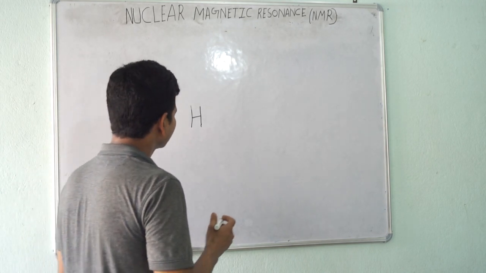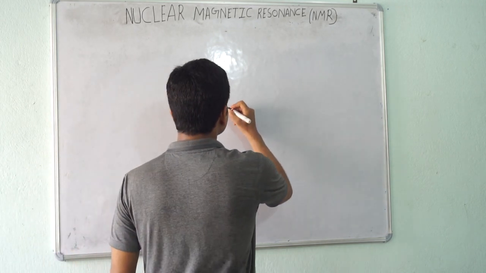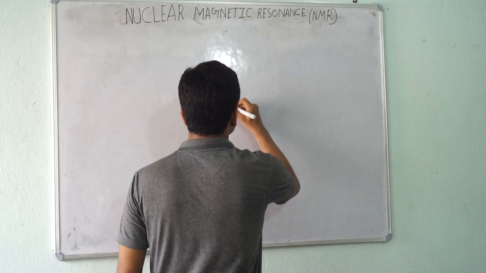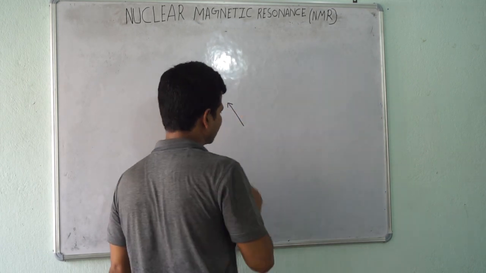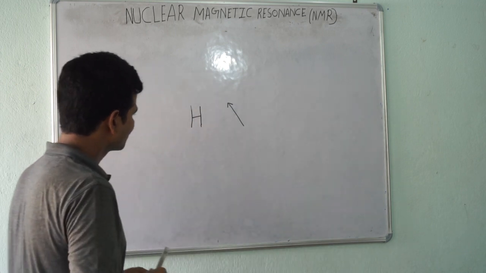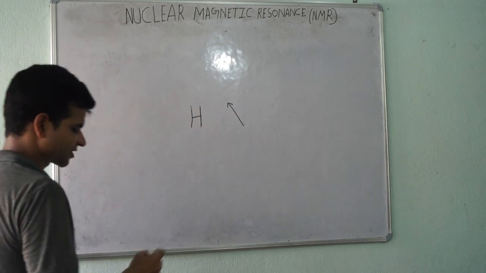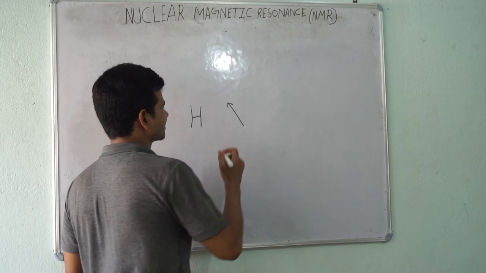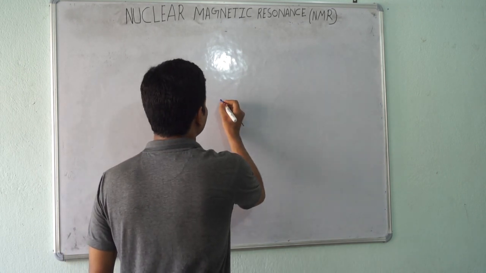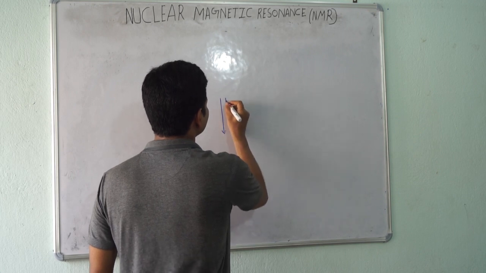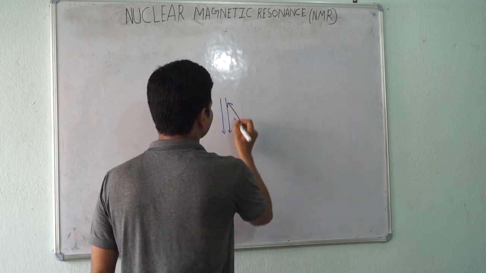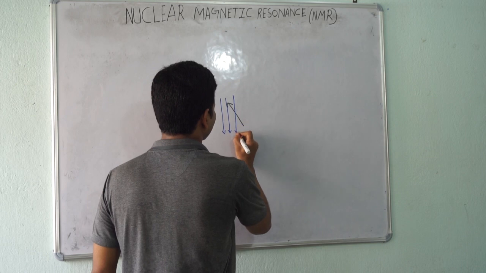Suppose the direction of the magnetic field of this hydrogen atom is like this. Now we are going to apply an external magnetic field to this hydrogen atom, like this.